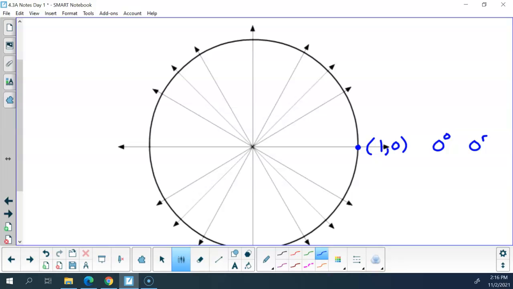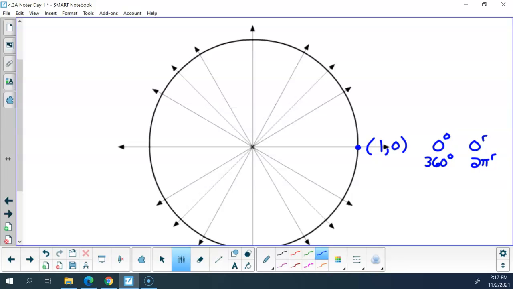It is also the ending point. So not only is it 0 degrees, but it is also 360 degrees. It is 0 radians, but it is also 2 pi radians. So that's the whole circle, yes?